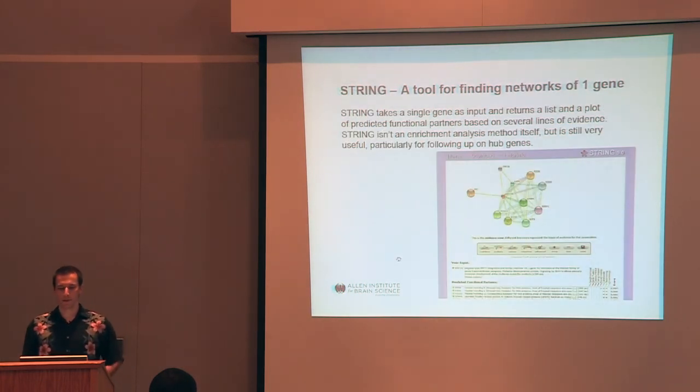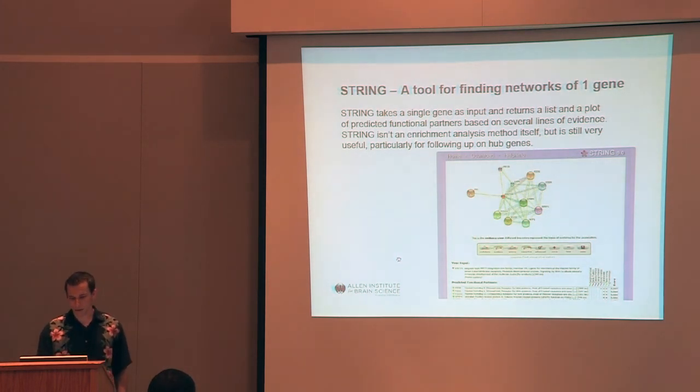There's another similar program called String, which is a tool for finding networks of one gene. Basically, you'll put a single gene as input into this program, and it'll output a list and a plot of predicted functional partners based on several lines of evidence in the literature. So it's also not really an enrichment analysis, but it's very useful for following up things like hub genes.